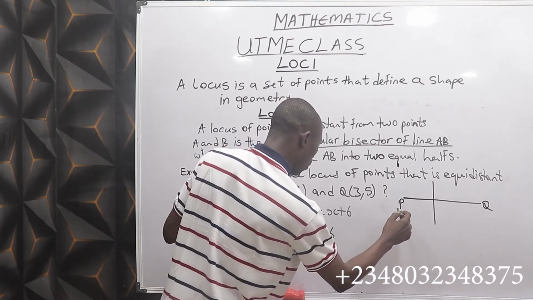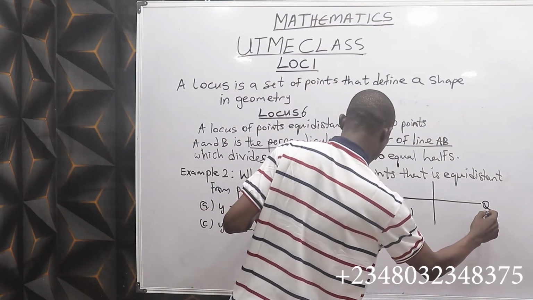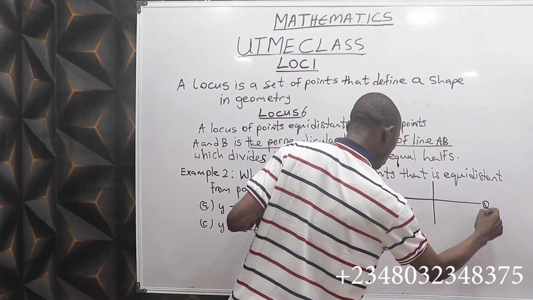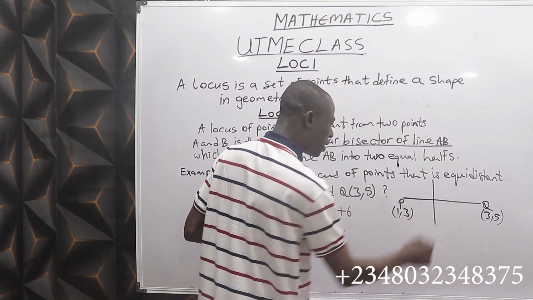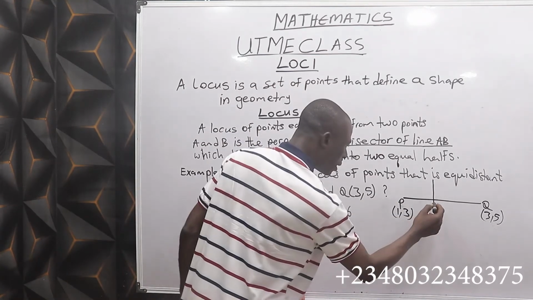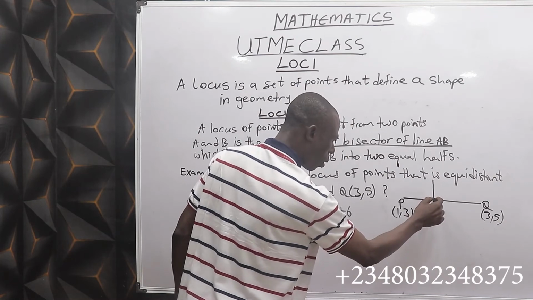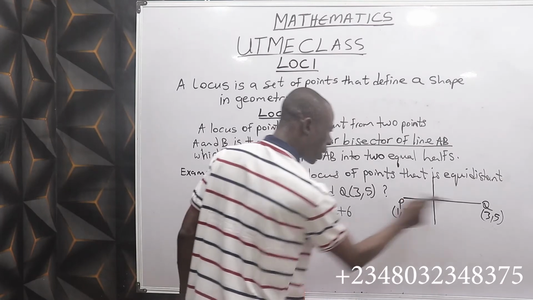The coordinate of P is this. The coordinate of Q is (3, 5). So if this locus is the perpendicular bisector of the line PQ, then we need the point of this bisection, the midpoint of PQ.